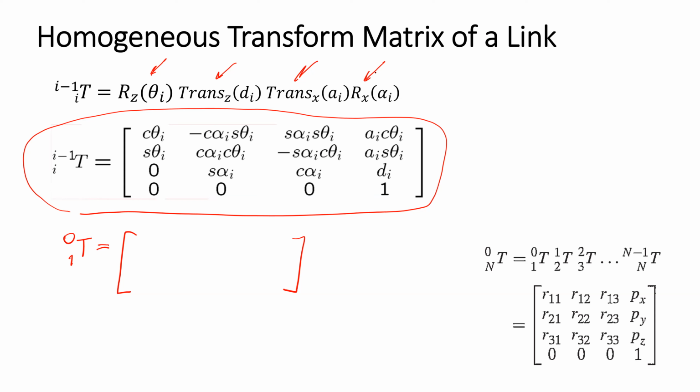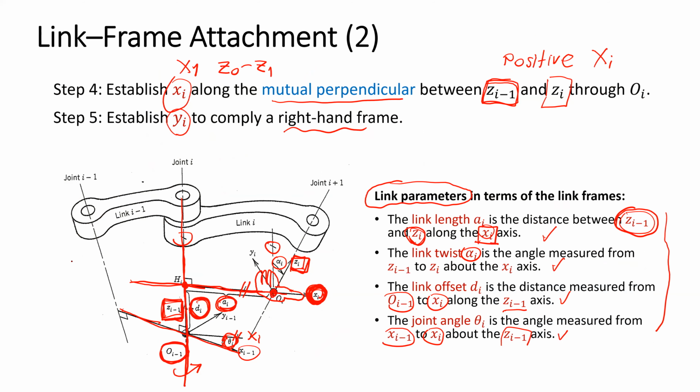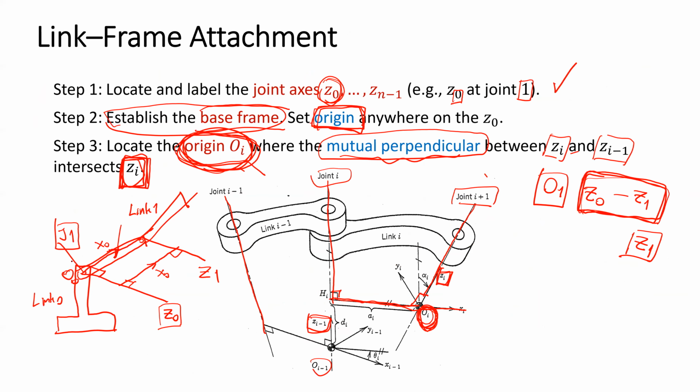To transform from frame 0 to frame 1, to transform from the frame I-1 to frame I, the process that we need to do is, of course, we need to rotate frame I-1 about the z-axis with the theta angle.